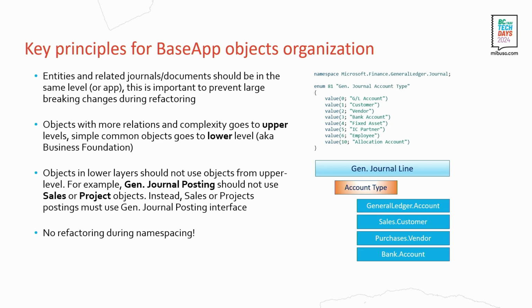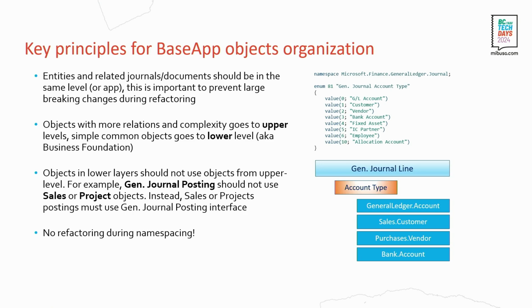So we also introduced key principles for how we can do namespacing and reorganization of base app going forward. First of all, I expect to have the general GL account and general journal in the same or a similar namespace, because they belong to the same business process and the same module. At the same time, objects with very little relation to other objects, or primary objects, for example postcode, I expect to be somewhere in the foundation.